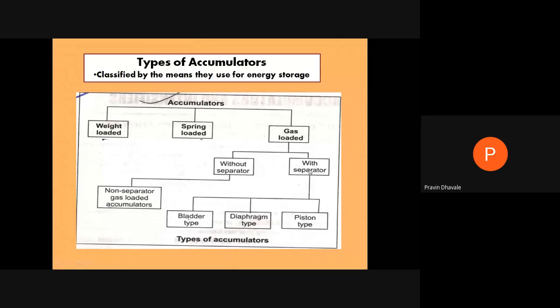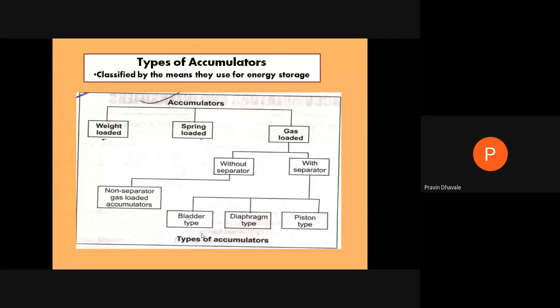So it comes under the category of gas loaded accumulator with a separator. That is classified into three types: bladder type, diaphragm type, and piston type. Are you getting the classification or type of the accumulator?